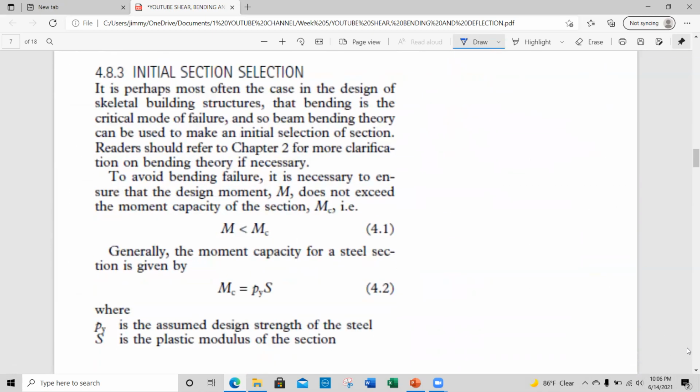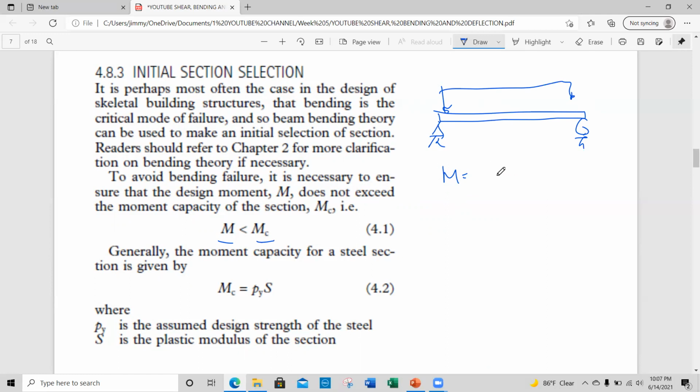Now, for the initial section, it is important for us to know that the applied moment should be less than the capacity, of course. The capacity should be bigger than that of the applied moment. For example, if you have this structure, and then you have here the load, then this will create a moment. Obviously this moment should be less than the capacity, so that it would be safe.